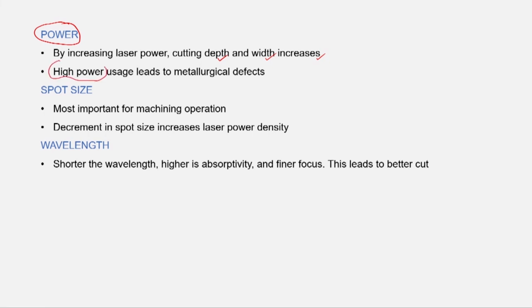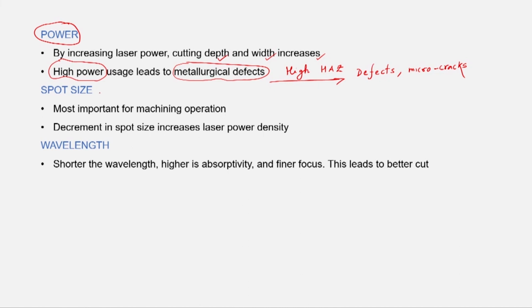If we want to remove the material at a very rapid pace, then naturally we have to apply more power, but it leads to metallurgical defects, a high heat affected zone, and that high heat affected zone leads to defects and micro cracks. So, when choosing the power, there has to be some trade off between the side effects of applying higher power and the material removal.